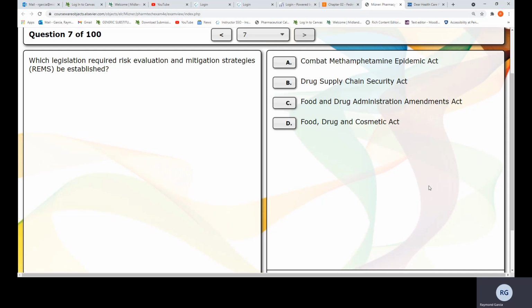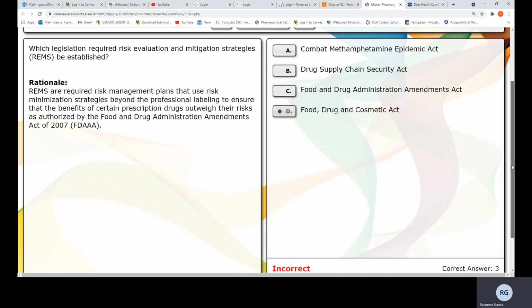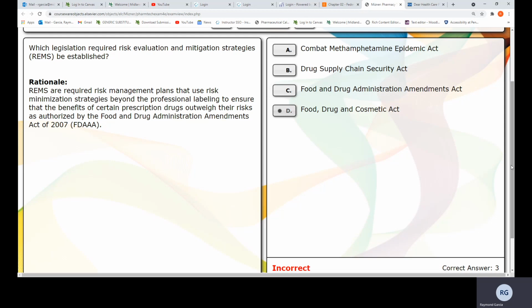B. Let's try D first. REMS are required risk management plans. They use risk minimization strategies beyond the professional labeling to ensure that the benefits of certain prescription drugs outweigh their risks, as authorized by the Food and Drug Administration Amendments.